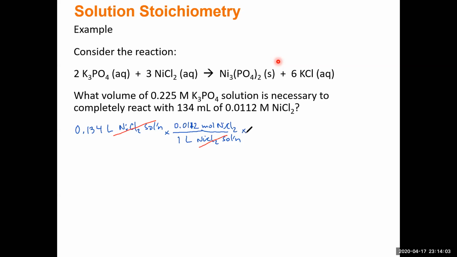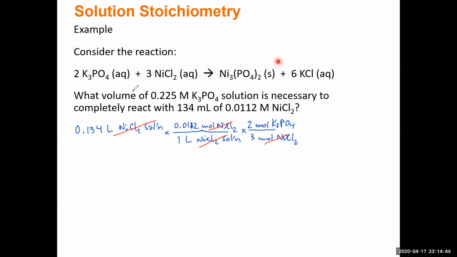Now we can use the balanced equation to convert between moles of NiCl2 to moles of K3PO4. We see from the balanced equation that there will be 3 moles of NiCl2 for every 2 moles of K3PO4. So now we've canceled out our moles of NiCl2, and at this point, we're down to moles of K3PO4.